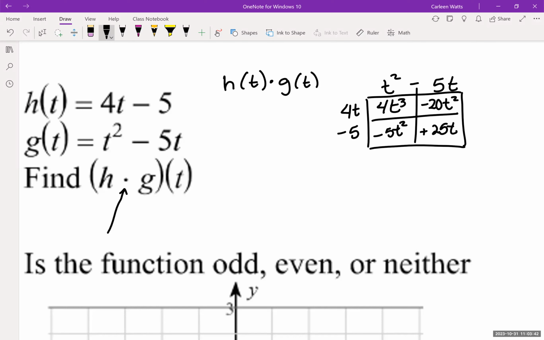Okay, compare your work with mine. Do I have any mistakes? Am I good? Do I have any like terms? All right, right here. Yeah, like terms.